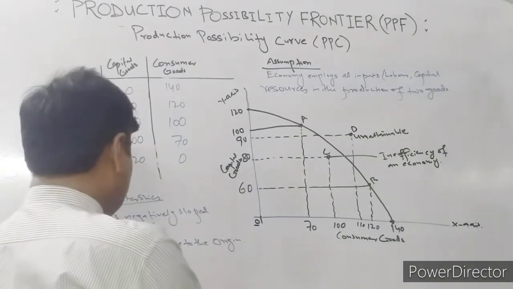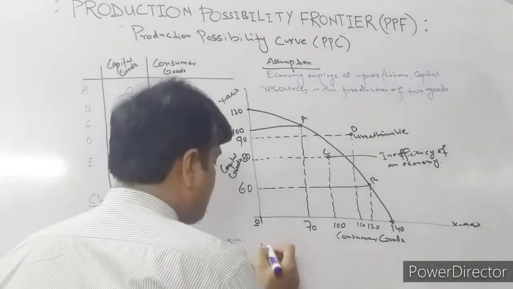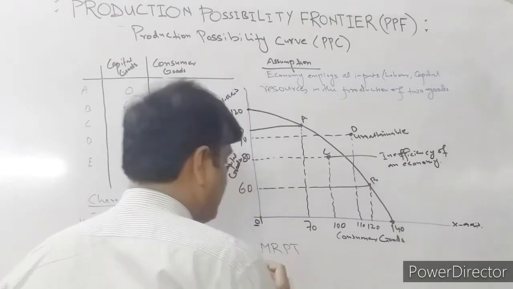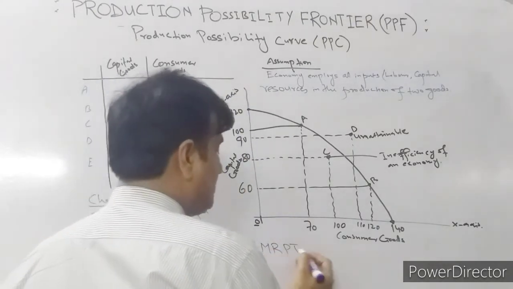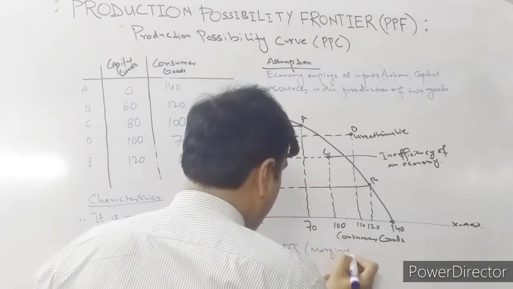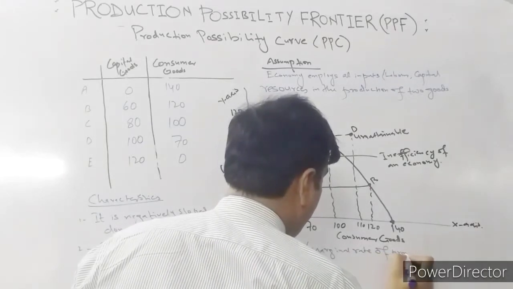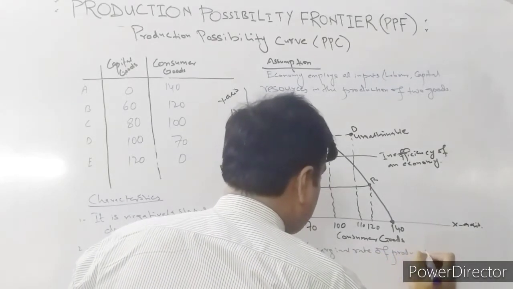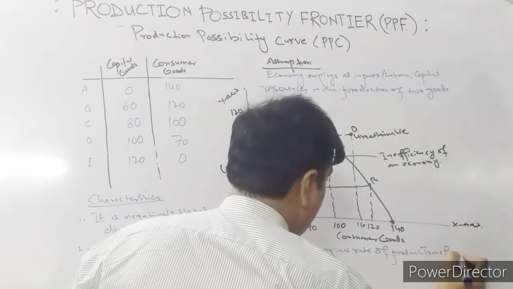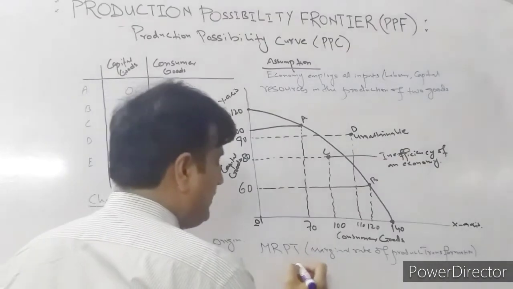And why is it concave to the origin? Because of the marginal rate of product transformation, that is also called opportunity cost.